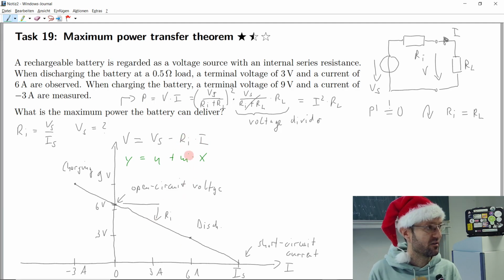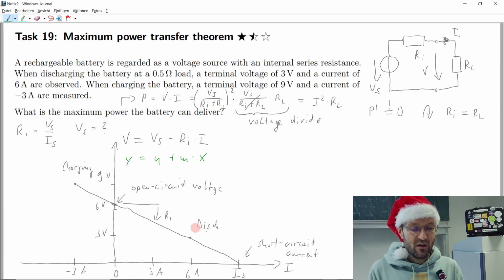The R has a minus because the curve needs to go down. So from these values, we need to find this point, and we need to find the slope of this function. This is at the end what we need to do, to find the inner resistance and the source voltage.